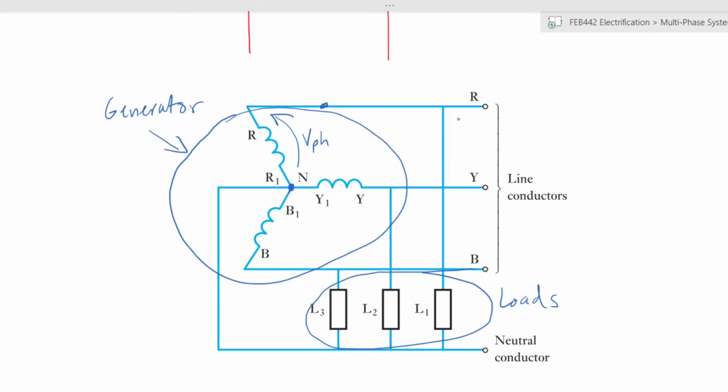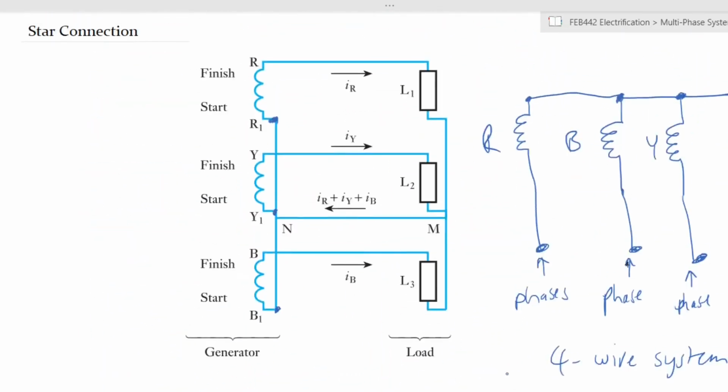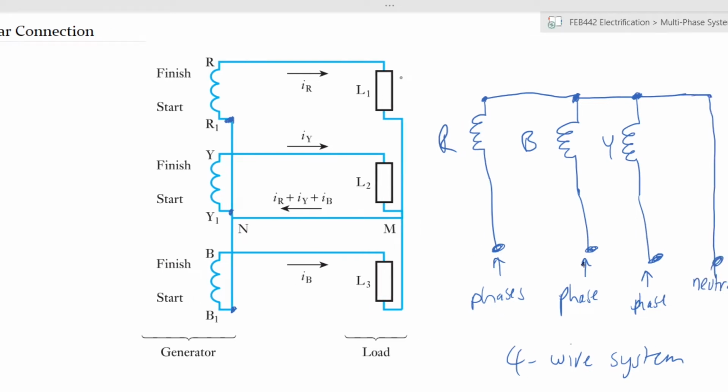And you will notice that this point is the same point as here, because this is just a conductor. So it is there. And this point is the same point as your neutral. Yeah, remember we said there is a connector, or a wire that you can pull out to create your fourth wire, which is your neutral.